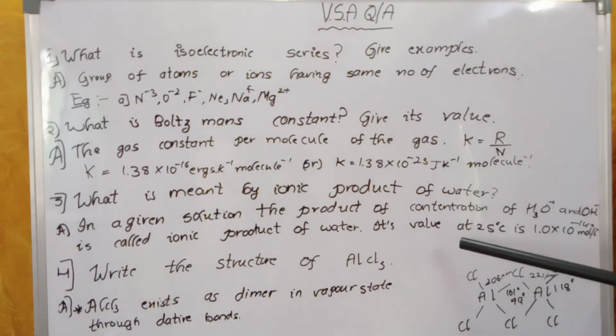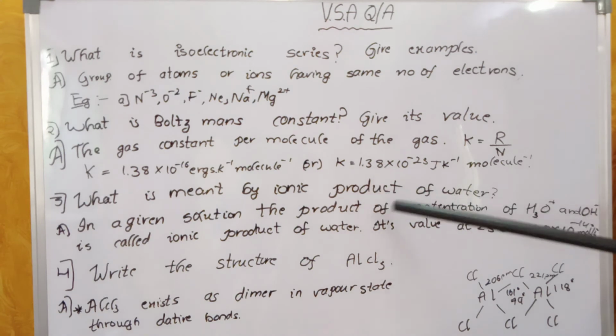Its value at 25 degrees centigrade is 1.0 into 10 power minus 14 mole square per liter square. So this is about ionic product of water.